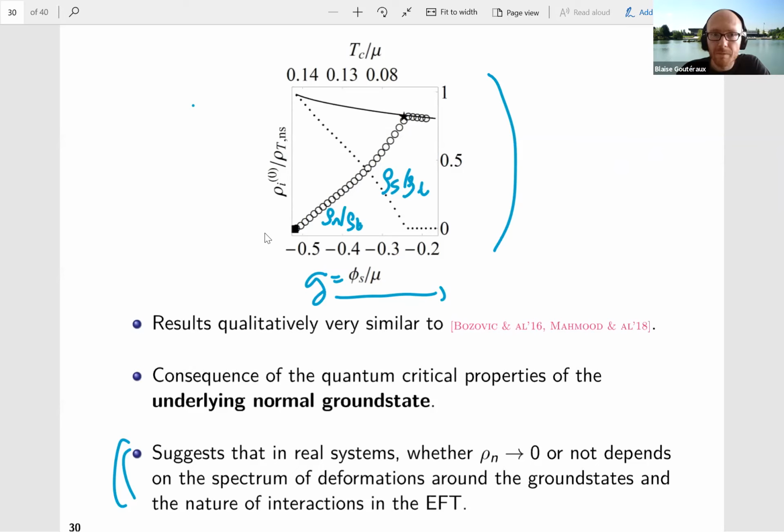And then they construct a set of order parameters. One of them is the superconducting order parameter, and the other three are the Néel order parameter for the antiferromagnetic phase.